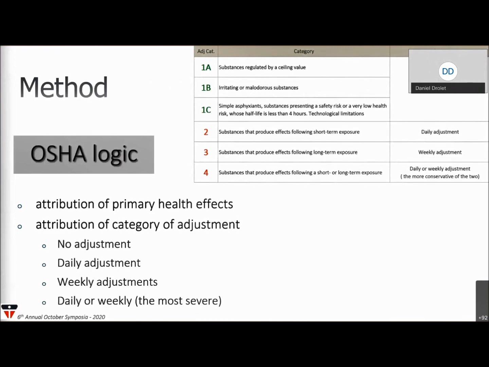And category 1 is no adjustment at all for the reasons you see in this table.